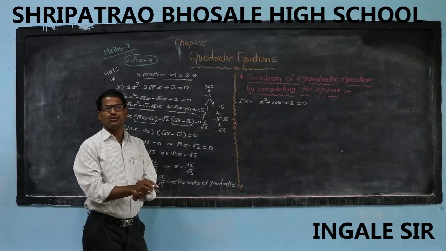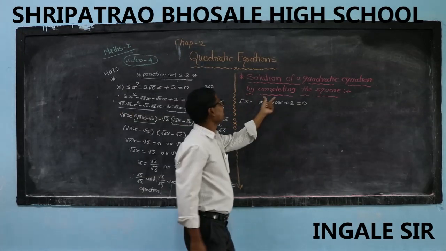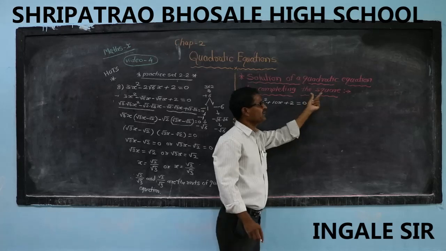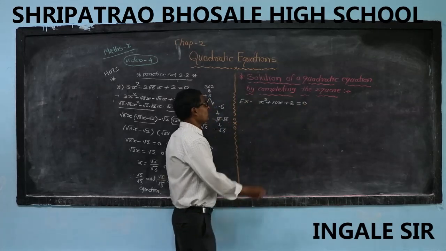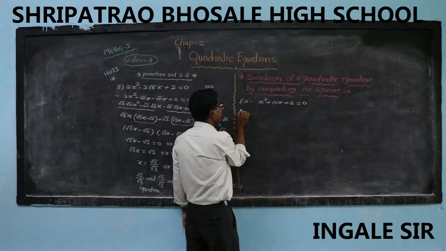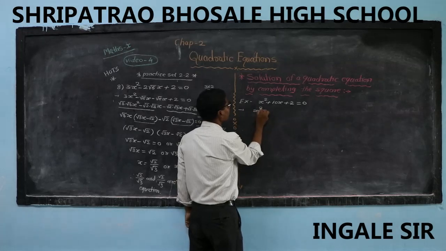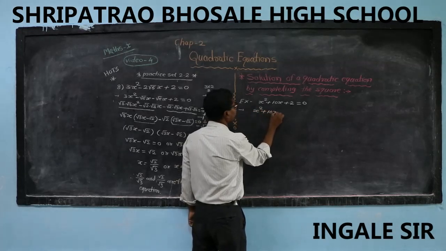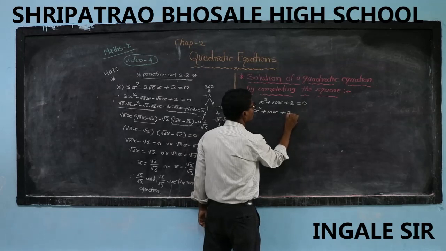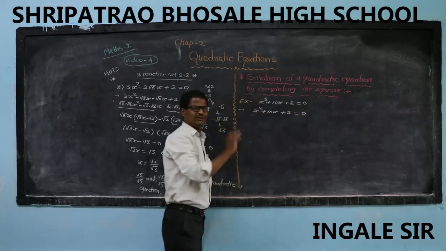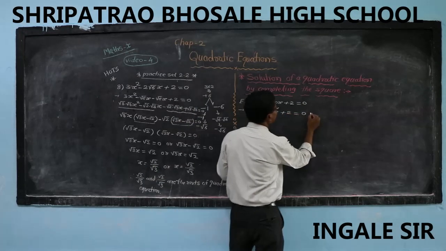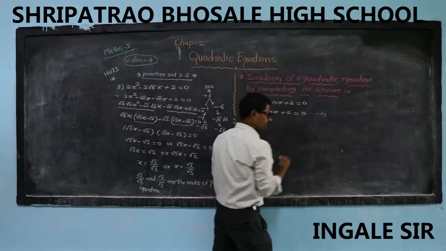Now we have to solve this example by the completing square method. First we convert this equation in this way: x² + 10x + 2 = 0. Write the same example as equation number 1.